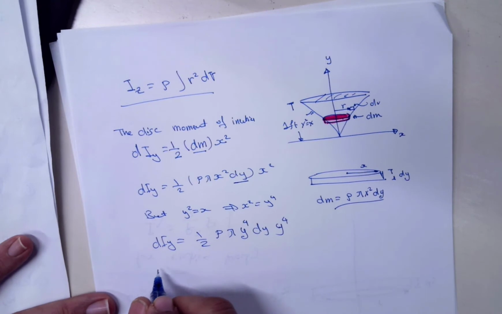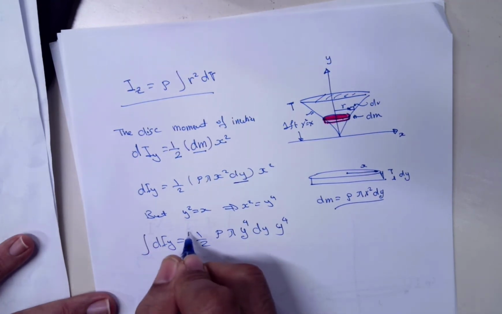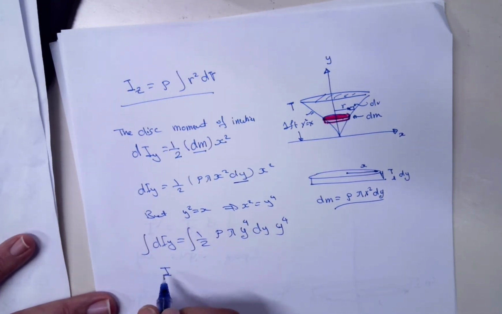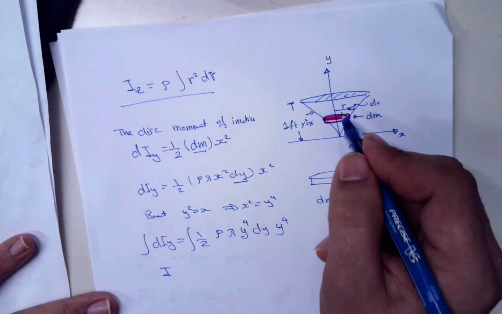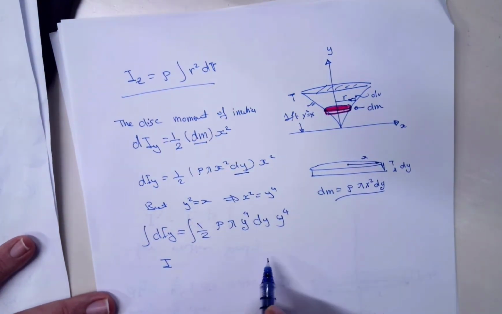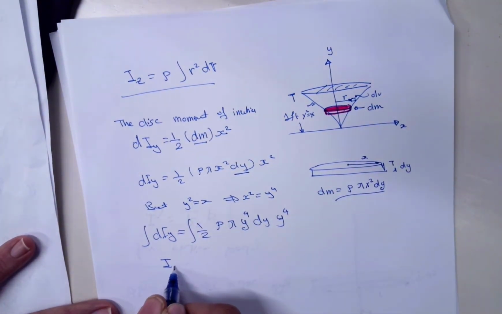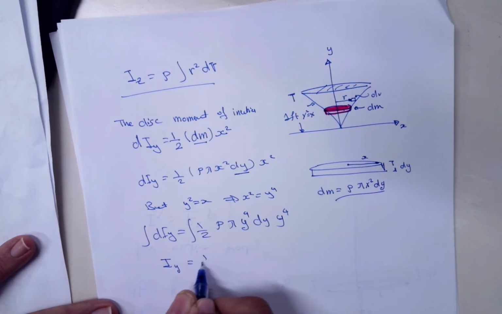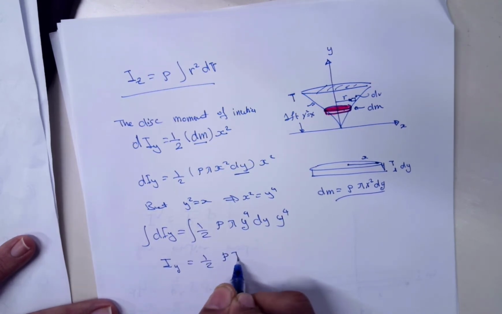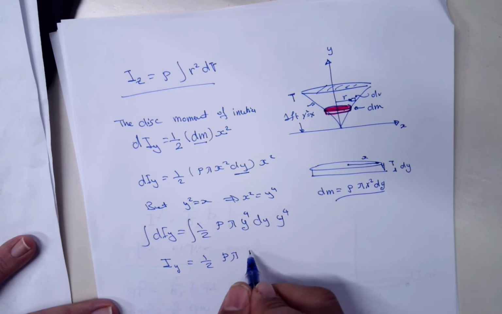So now if I want to calculate the complete mass moment of inertia, I need to integrate both sides. So this is Iy equals half rho pi, right?